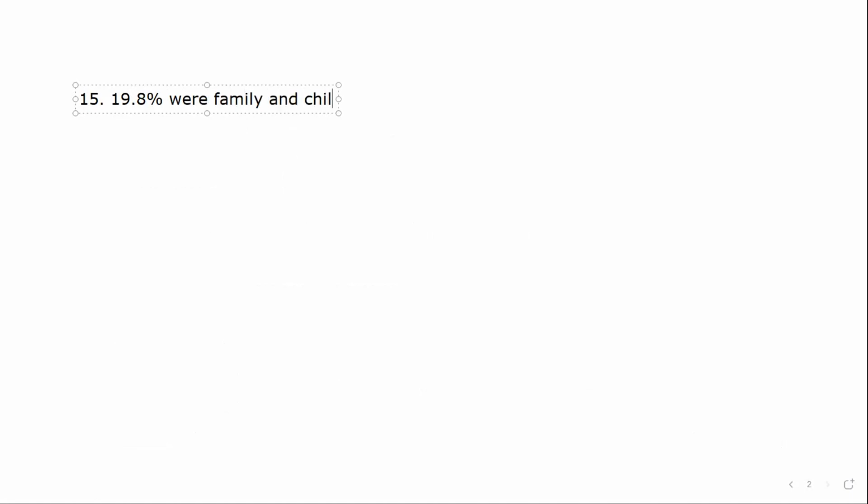Family and children classified. Now, if 19.8% were family and children, then I'm going to turn this into a decimal. I'm going to say 0.198.